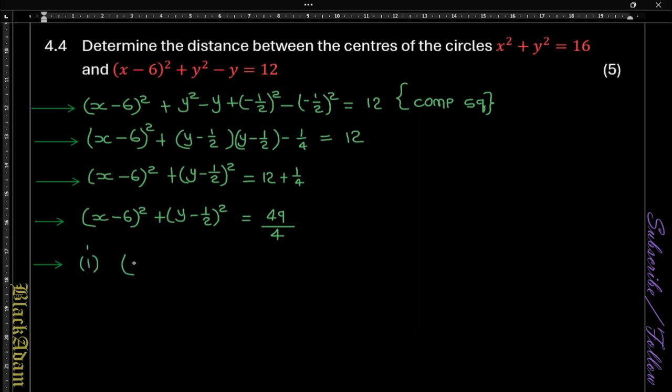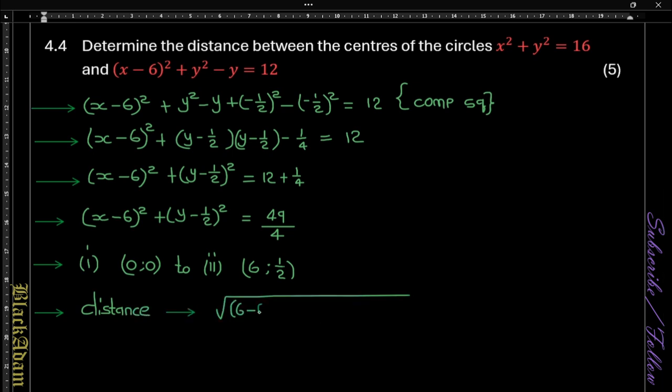So now we have 0, 0 and 6, half. We have two centers, 0, 0 and 6, half. So the distance is between the centers 0, 0 and 6, half.